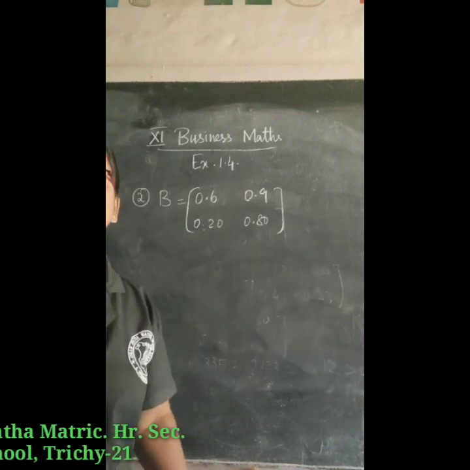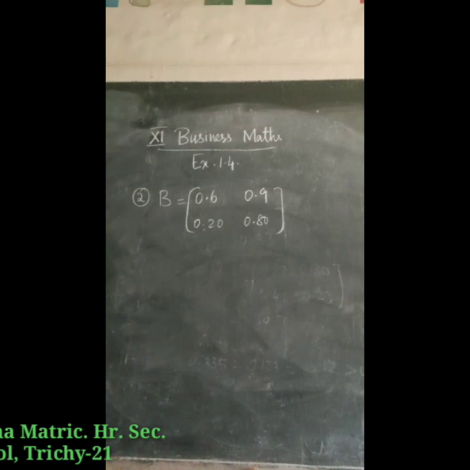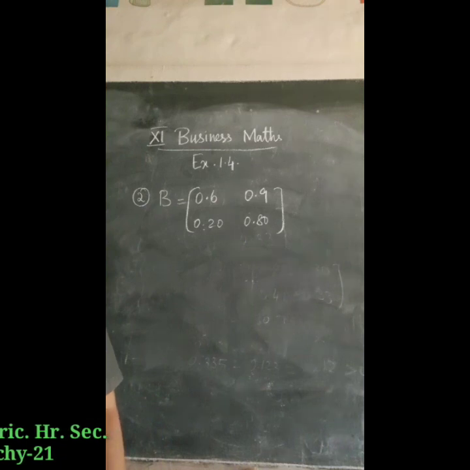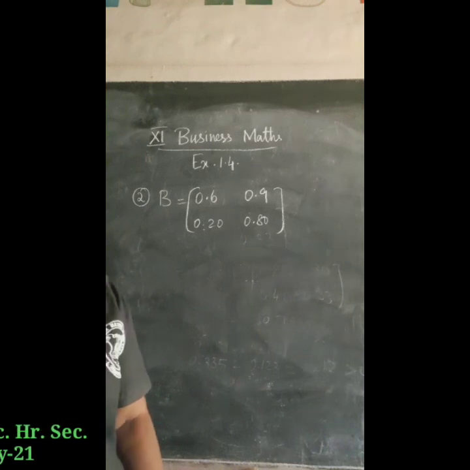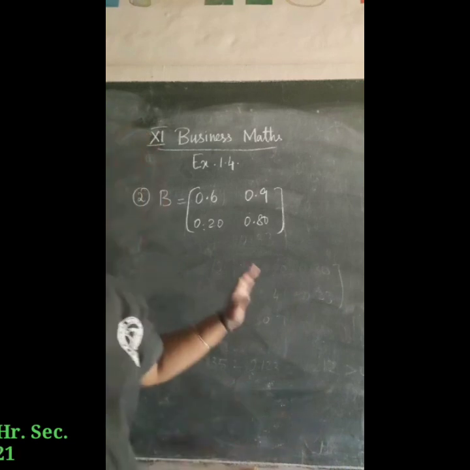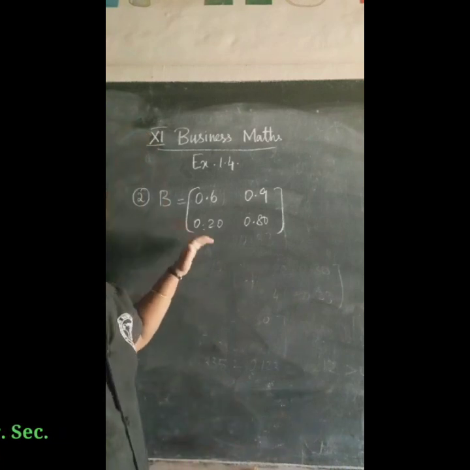The second question: the technology matrix of an economic system of two industries is 0.6, 0.9, 0.20, 0.80. Test whether the system is viable as per Hawkins-Simon condition. This is the technology matrix of the second question.